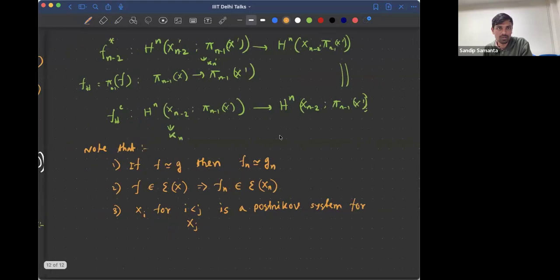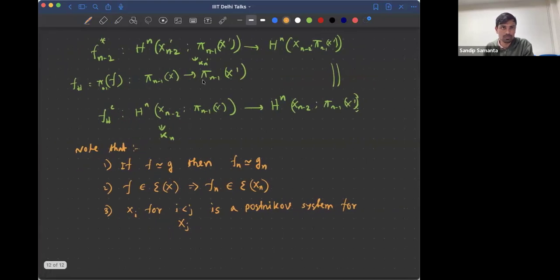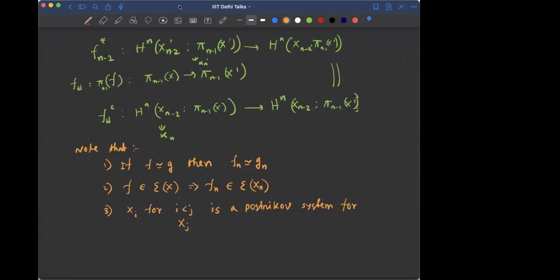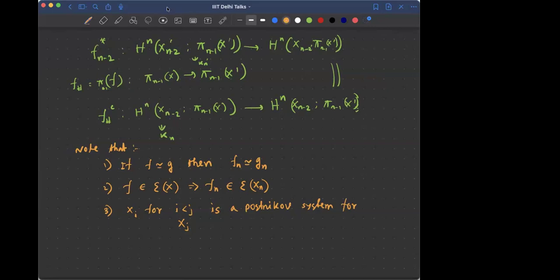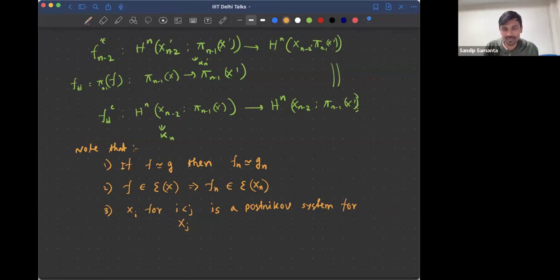Is there any line coming? What happened? So is this visible properly? Like I'm seeing a line in between, green line in between. No, no, no, no. There is no green line, at least from my side. Okay, okay.